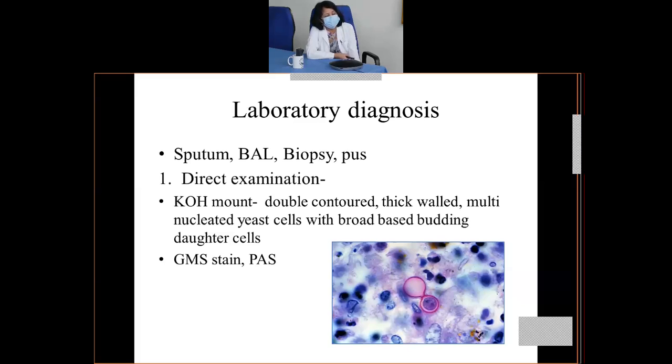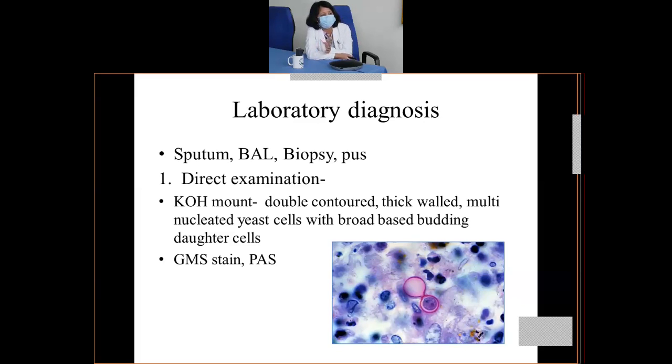So once the samples arrive at the laboratory, a direct examination can be done in the form of a KOH mount, that is a potassium hydroxide mount. What you will see are yeast cells, because they are converted into yeast cells in the human body.